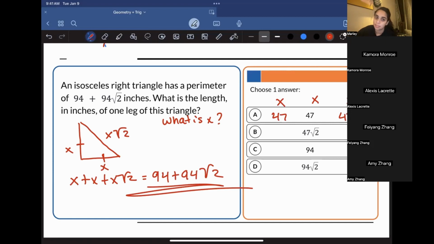And a lot of people picked A. That does not work, this is 94 plus 47 root 2, so it's not A. And if we go to B, it's 47 root 2 plus 47 root 2. And then it's 47 root 2 times root 2. Root 2 times root 2 is 2. And 2 times 47 is 94.